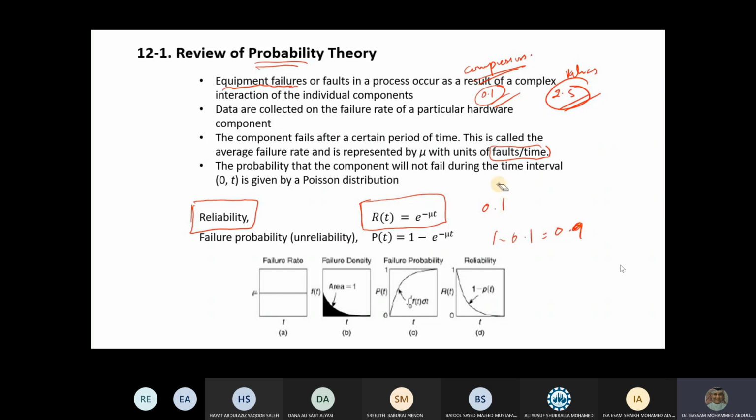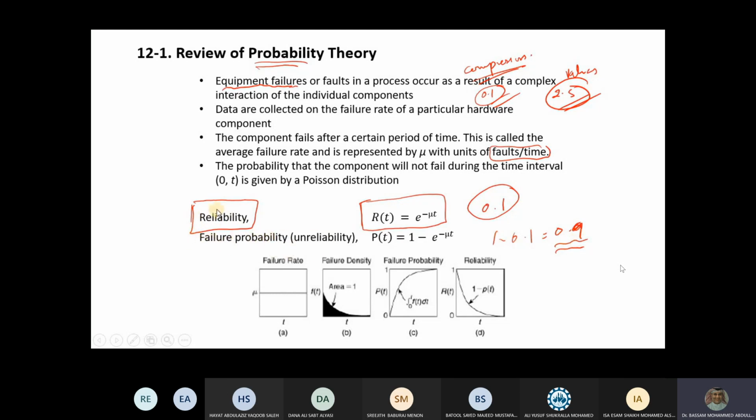The lower the reliability, which is something good, the worse it is, and this is reflected very clearly when we say the failure probability is 0.9. Think of it as a percentage, 90 times per 100. So the probability that we'll have failure in 100 cases is 90, which is very high. If the failure probability is 0.5, it's 50%. That is the meaning of failure probability.